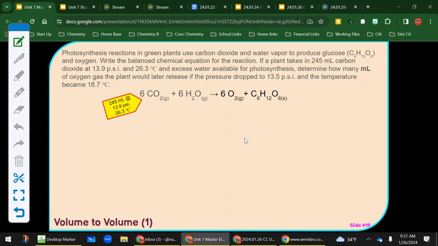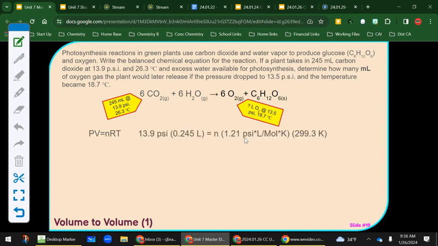What formula am I going to use? PV equals nRT. Ultimately, I want to know how many liters of gas is produced. Well, I'm given a new pressure and a new temperature, which means I need what to be able to find volume? I need moles. That's what the Stoich problem is going to give me.